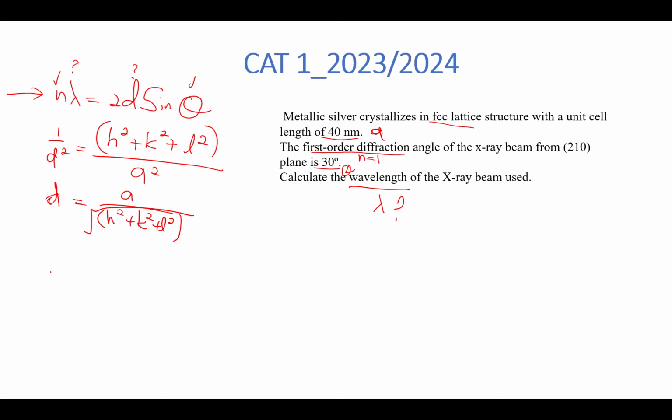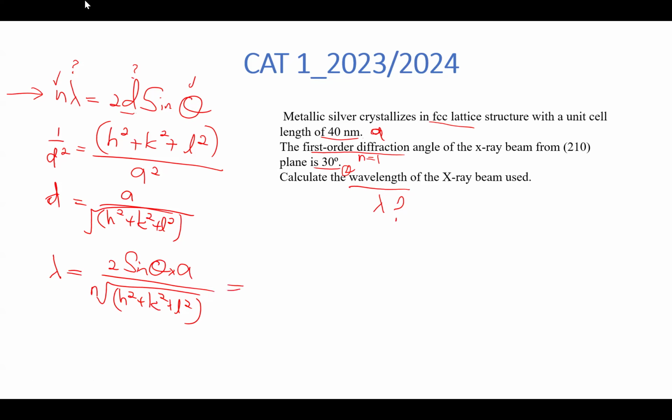And then I'm going to rearrange the first equation by plugging in D with what I just obtained. And here we have N. I'm going to delete that from here and put it over here. So by plugging in all the values here, you get lambda.